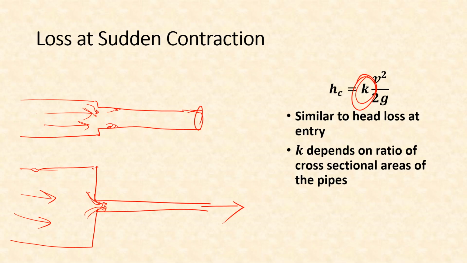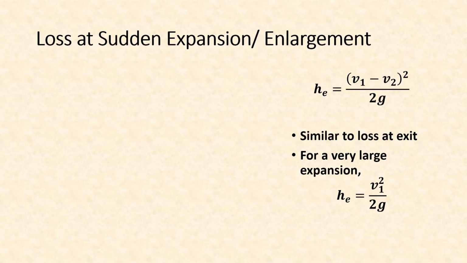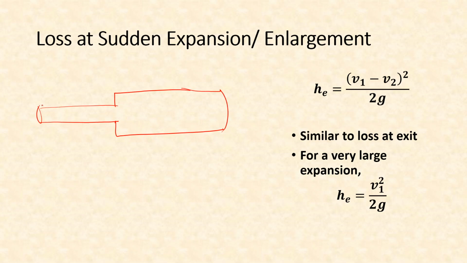Then if we look at loss at sudden expansion or enlargement, that means if a pipe increases its diameter, then again some turbulence will take place at this point, and that head loss is given by this.